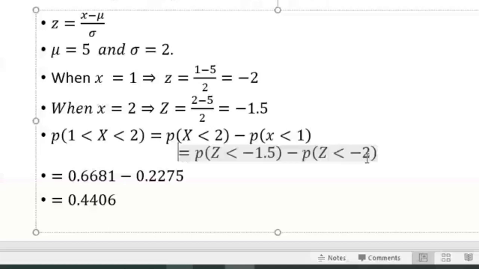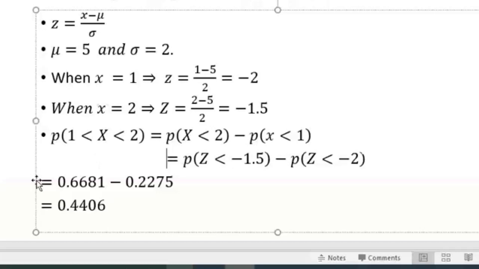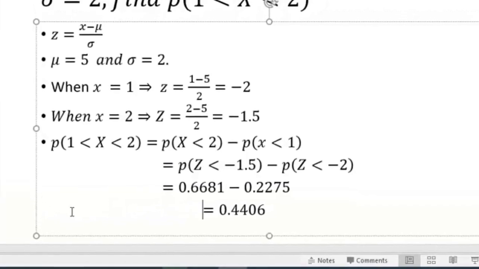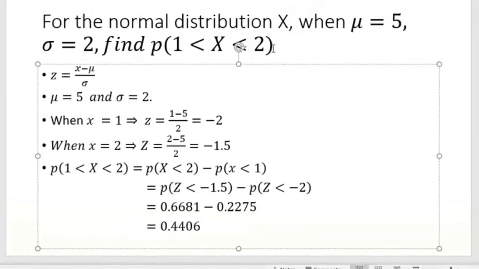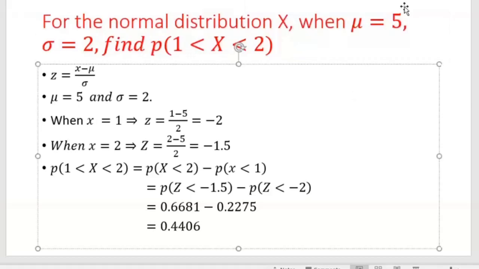Let us go through it once again. What are the things we have done here? The question is this: you have to find the value of the probabilities. Find the normal distribution of x when mu is equal to 5, sigma equal to 2, find the probability of 1 less than x less than 2.